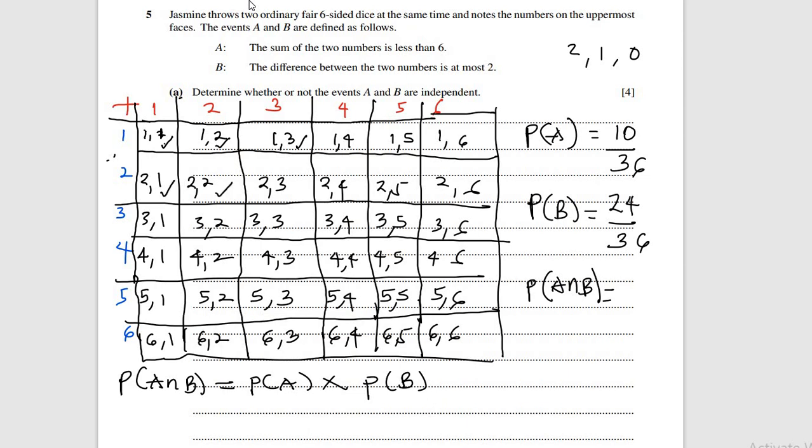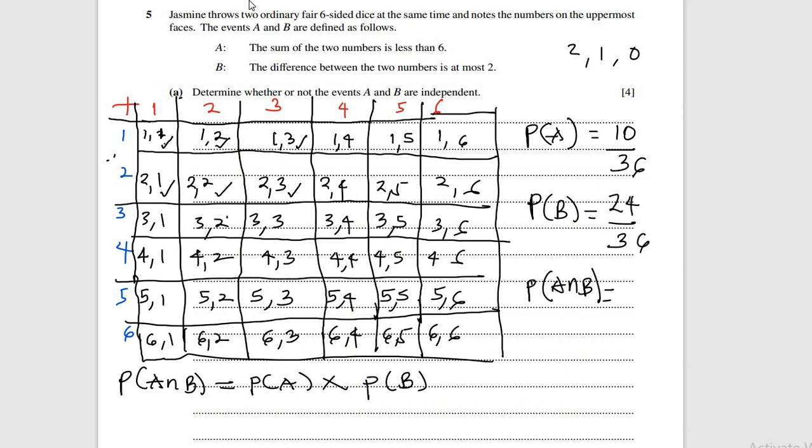Here, the sum is less than 6. Difference is 1. This is there. Sum is less than 6. Difference is 1. Difference is 2. The sum is less than 6.